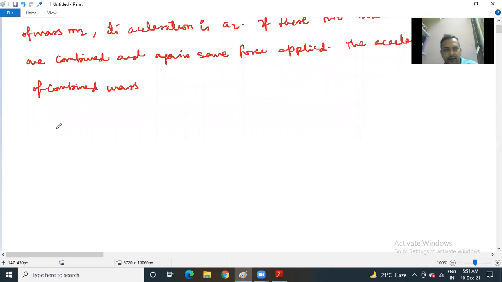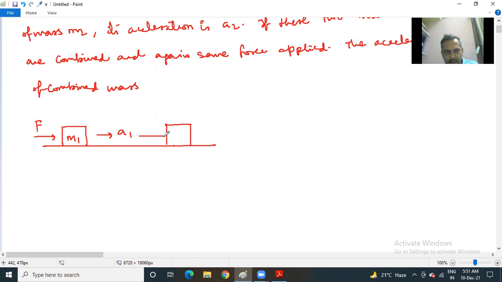So let us try to understand like this. Body of mass m1, force applied F, its acceleration is a1. Second body, you take mass m2, but same force applied, its acceleration is a2.